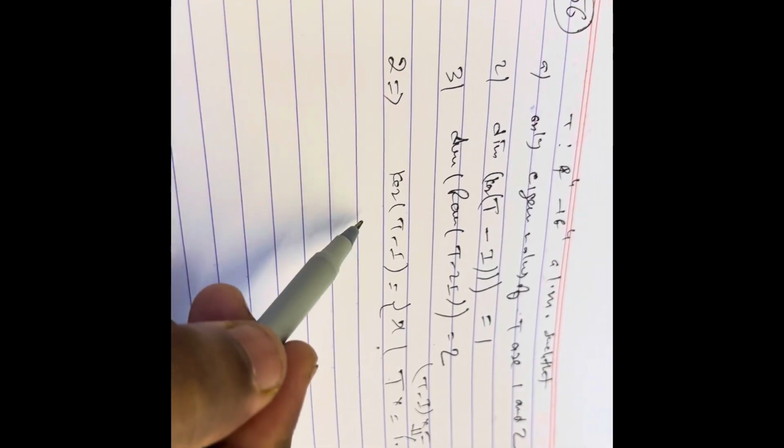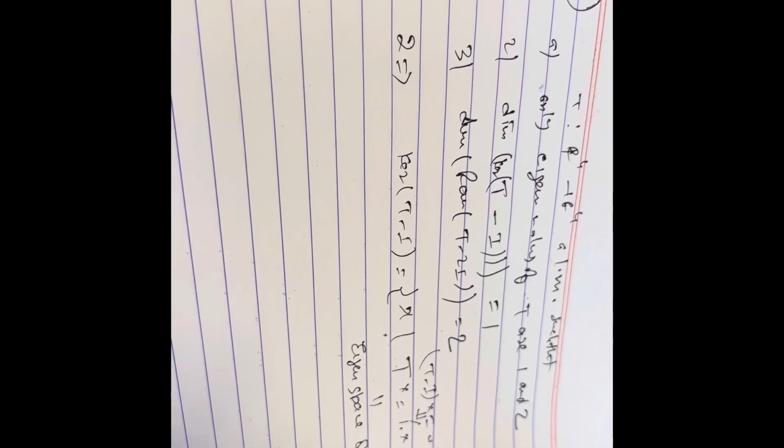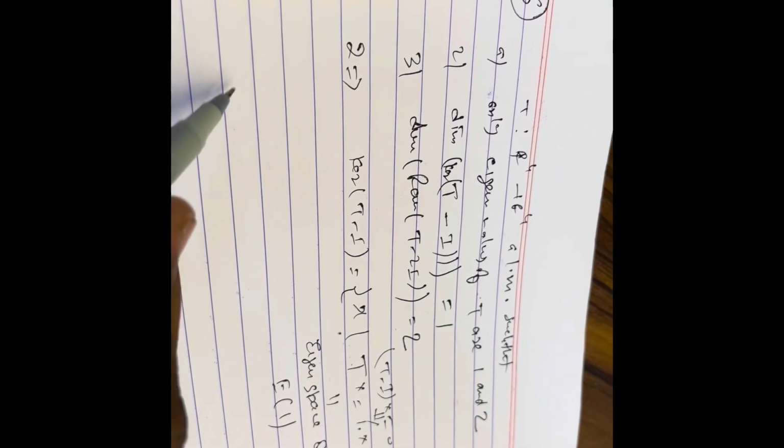Tx equal to lambda x. And this is nothing but the eigenspace of eigenvalue 1. We denote it by E1. So the dimension of E1 is 1.